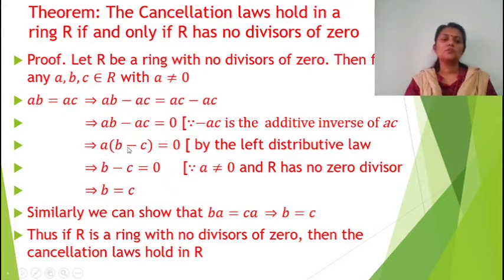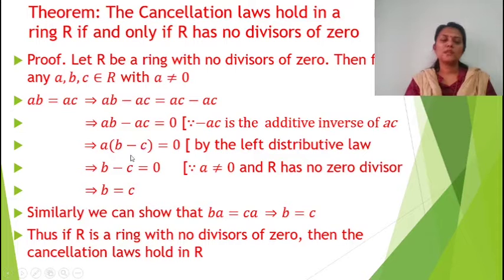Here minus ac is the additive inverse of ac, so the right hand side of this equation is 0.